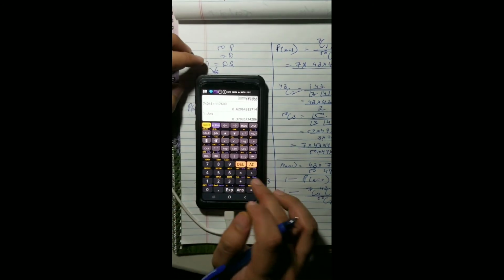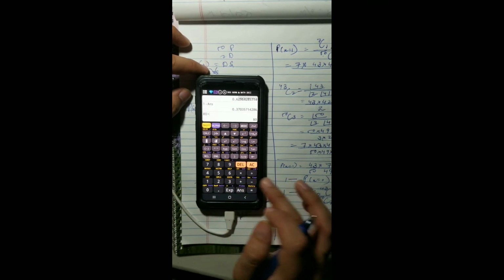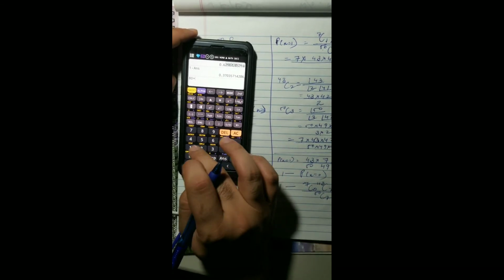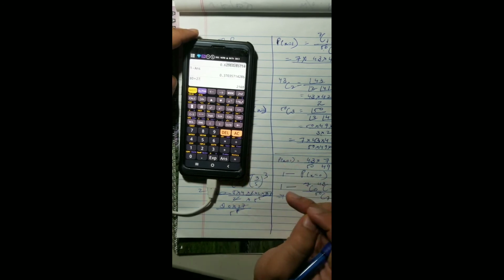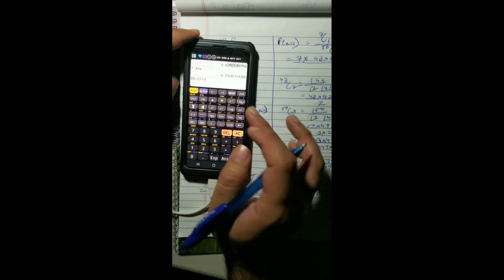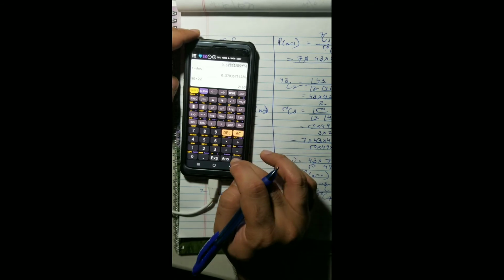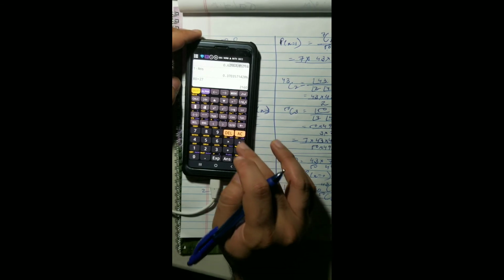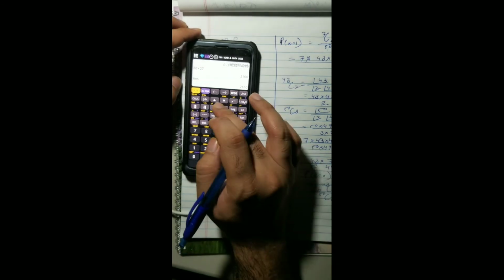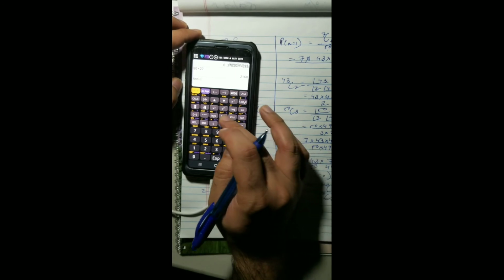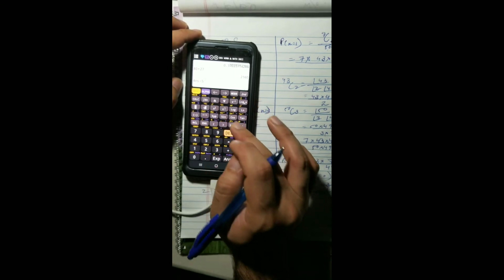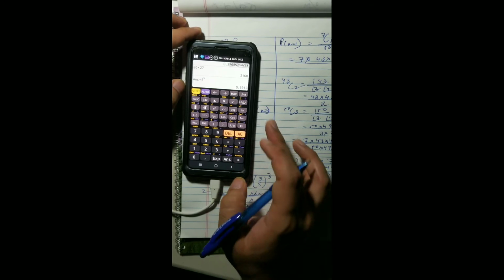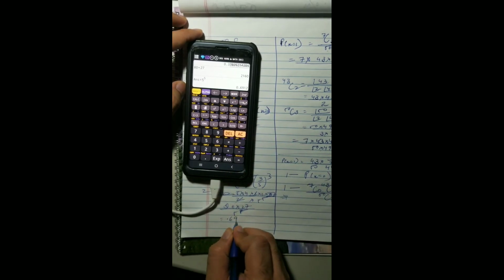Just calculating on a calculator, 80 into 27 is 2160, divided by 5 raised to the power of 5, equals 0.6912.